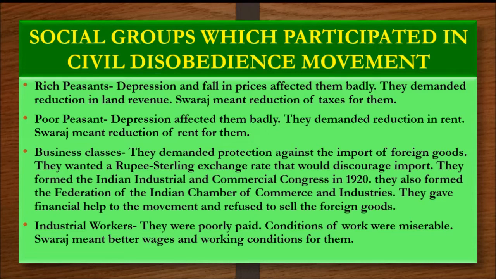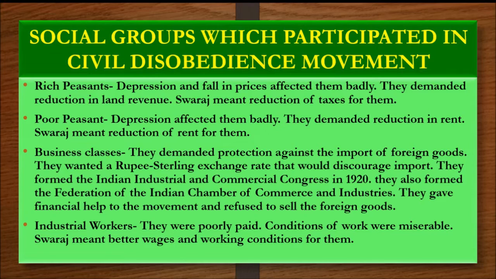For these industrialists, Swaraj meant that the British restrictions on business would be removed and Indian trade and industry would flourish. The industrial workers, however, were very poorly paid by the industrial business classes.